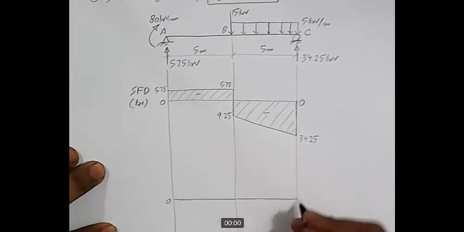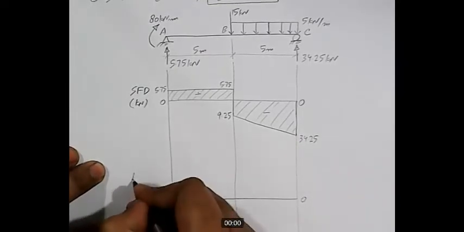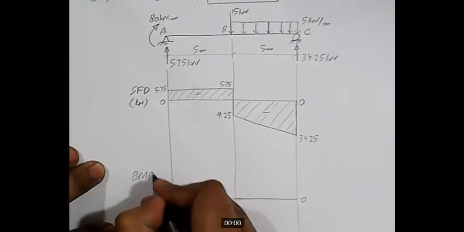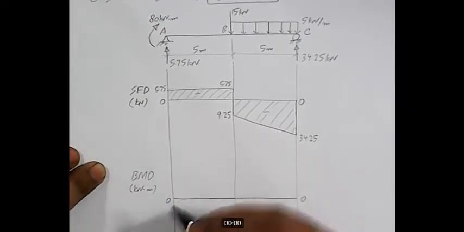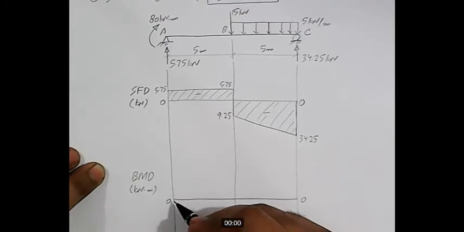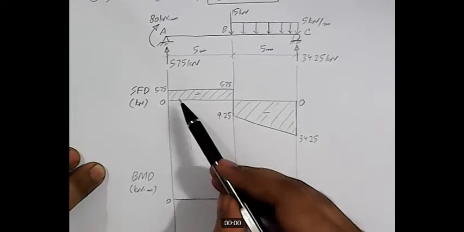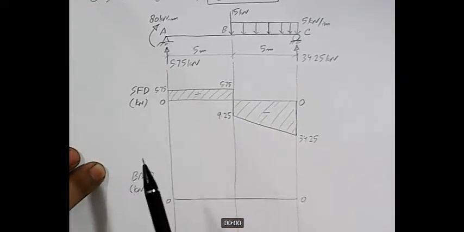This is the 0 line, and we are plotting BMD, and the units are kilonewton meter. Now, as I said earlier, the presence of a point moment or a couple does not reflect in the shear force diagram. So we have to keep an eye on the load diagram as well.